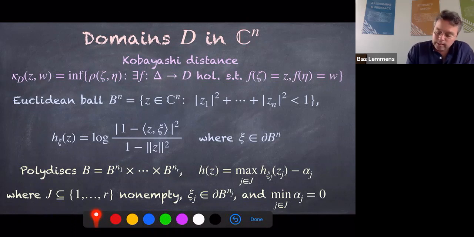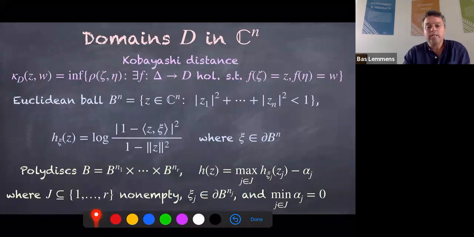And so these h_ψj's are just these Horo functions up here, and the alpha_j's are non-negative, where we require the minimum to be 0. And the ψ_j's obviously live in the boundary of this ball, and J is just some subset of the indices we have. Okay, so that's quite explicit.